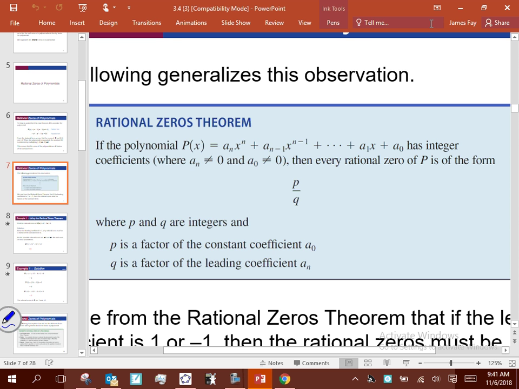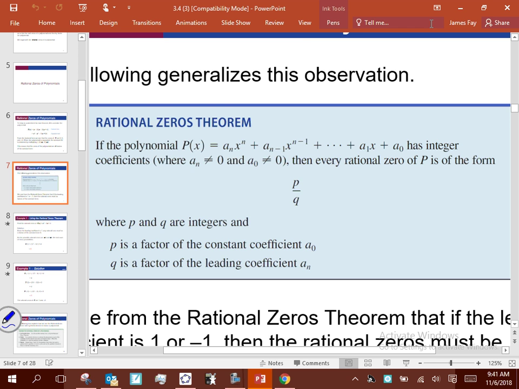Now what stinks about this is that the bigger a sub 0 becomes, the bigger my constant becomes, usually the more factors it has. Think about the number 4, not many factors: 1, 2, and 4. Think about the number 24, there were a lot of factors to that. So the larger the constant is, the more elongated this process becomes. But it's the same process all the time.